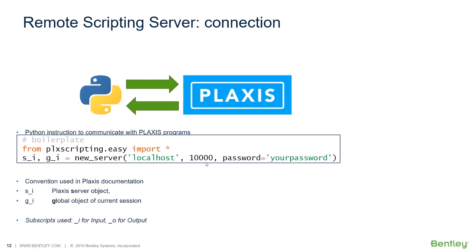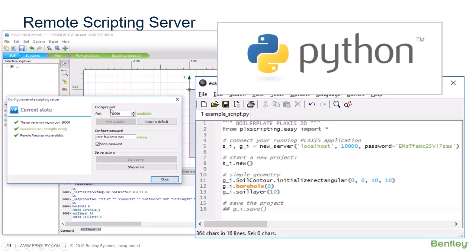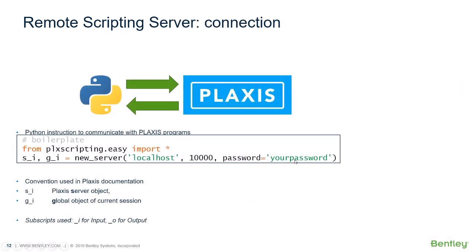It's the same. If I go back one slide, this is this number here. It's the port number that is specified, and also we have to configure the password, which is also a parameter here. If somebody looks at the Plaxis documentation on Python scripting, we have a convention here. If we have s_i, s refers to the Plaxis server object, and g_i refers to the global object of the current session.